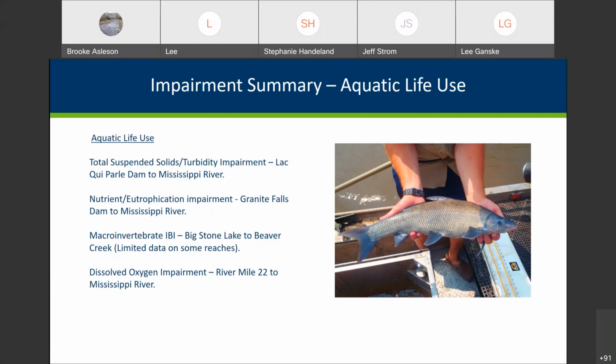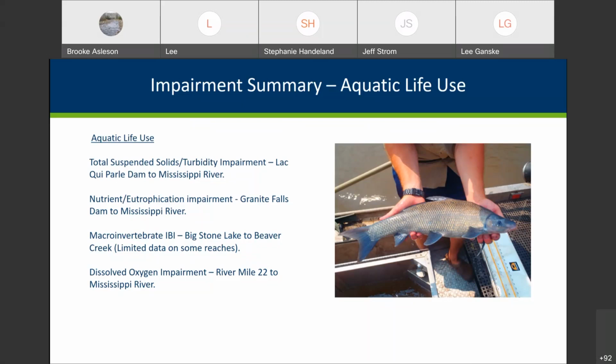And to kind of set some context for the Minnesota River in its entirety, I pulled up the lengths of river or areas of the river that have impairments for aquatic life use, meaning it's not supporting fish and invertebrates and other critters that live in the river as a good habitat for them.